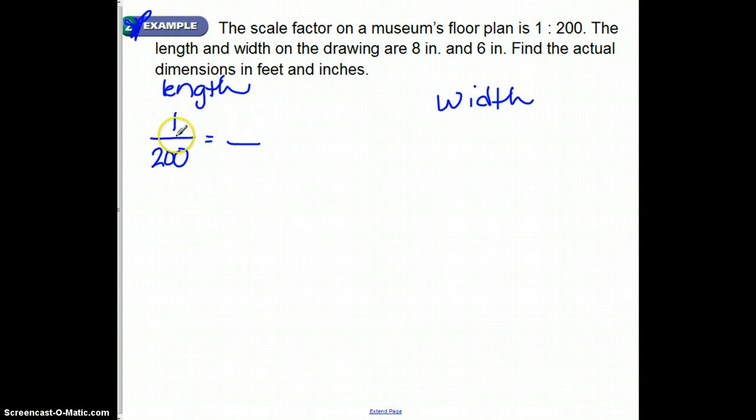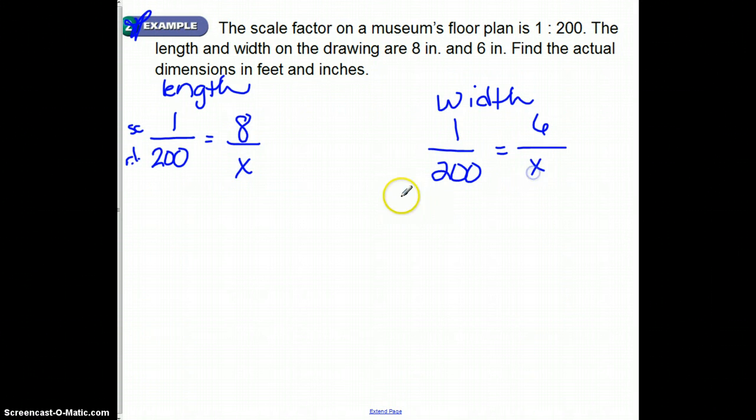So if I'm looking at this, let's see, if I want to do my width or my length first, then I'll set this up and I will do 6 for my width. Now realize I put them up here because when we were talking about it, this is really scale to real life. That's what that's going to give us. Also realize that when we do this, the answer that we're going to get is in inches. So we're going to somehow have to change that to feet when we get done.